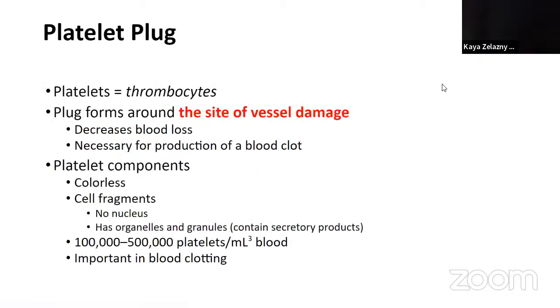So that's going to be part of what's creating this next part, the platelet plug formation. The platelet plug formation is going to have steps within it as well, and just be aware of that. So our platelets are also known as thrombocytes. Whenever you see this part, a thrombus is a blood clot.